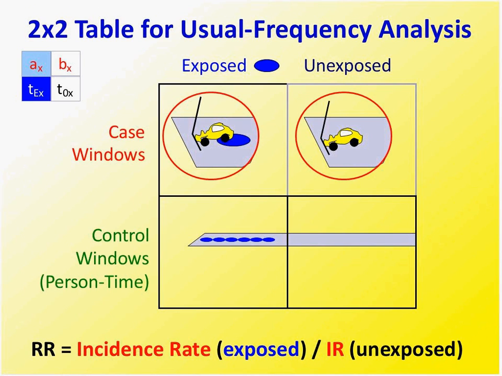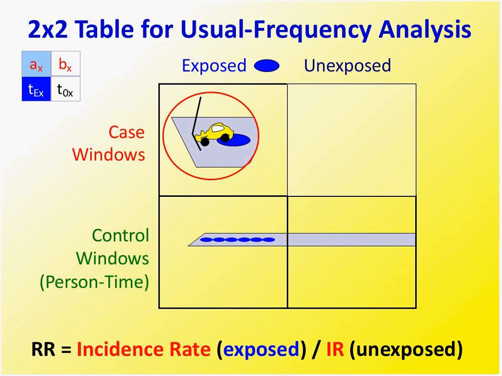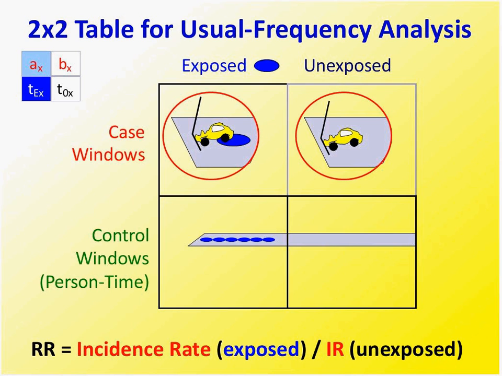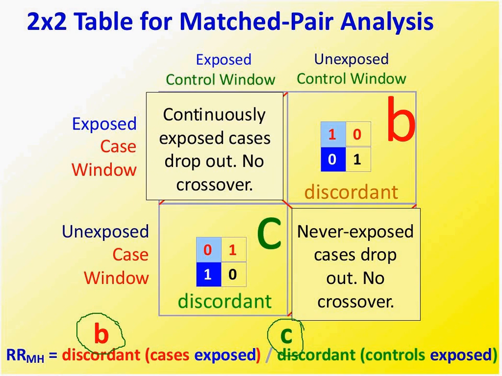So also that can be seen in the usual frequency. This is the table for usual frequency analysis. The other was using a matched day or a matched hour or a matched interval, same duration.